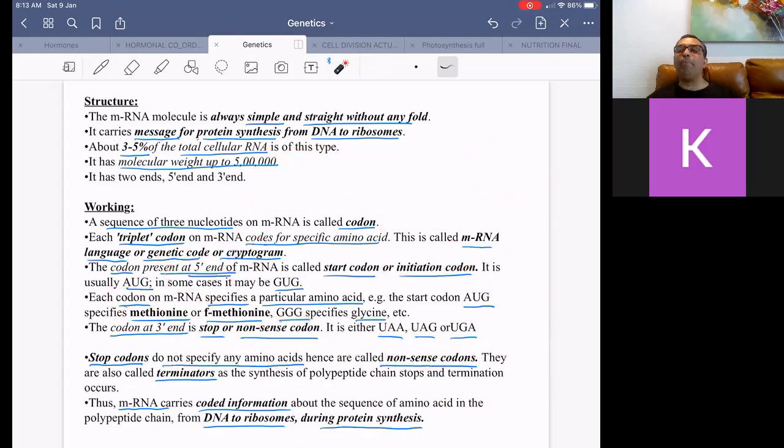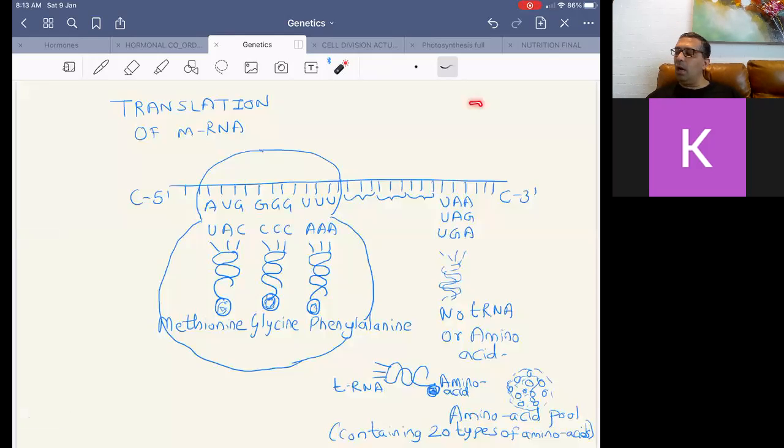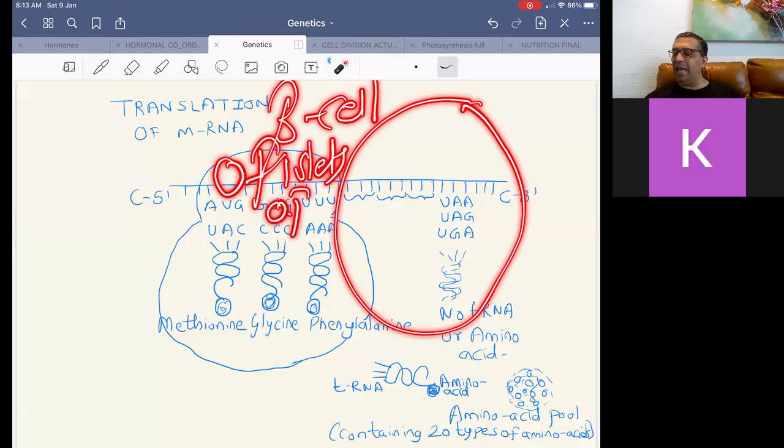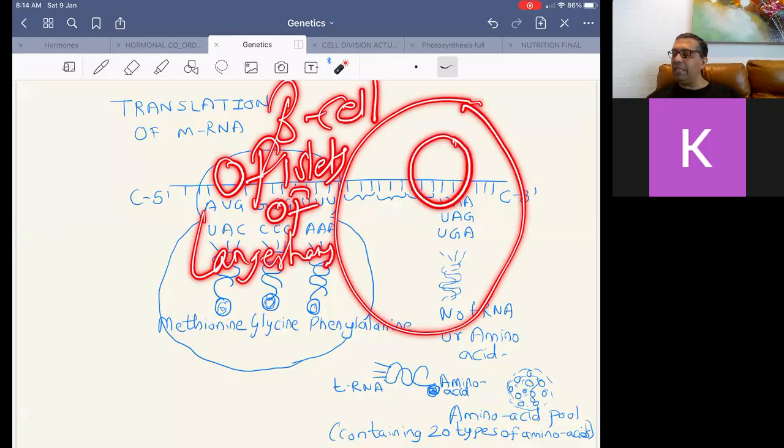And let us see what happens. Suppose this was a beta cell of the islets of Langerhans of the pancreas, and in the beta cell this was the nucleus. In the nucleus, gene number 11,111 was transcribed and mRNA was made.